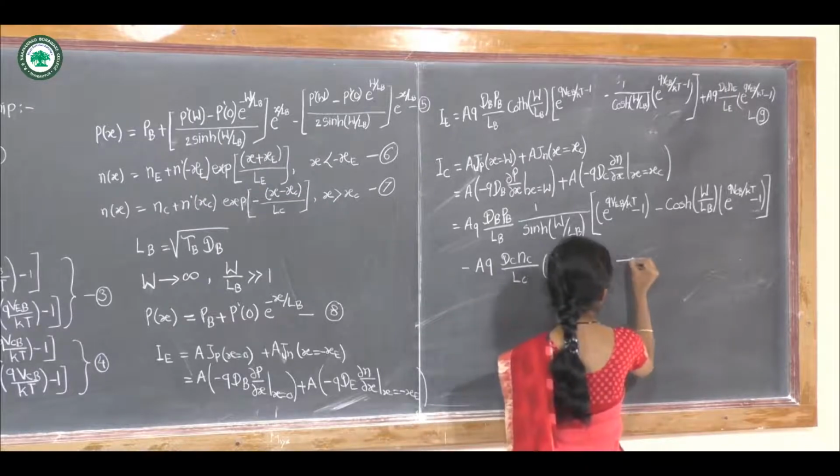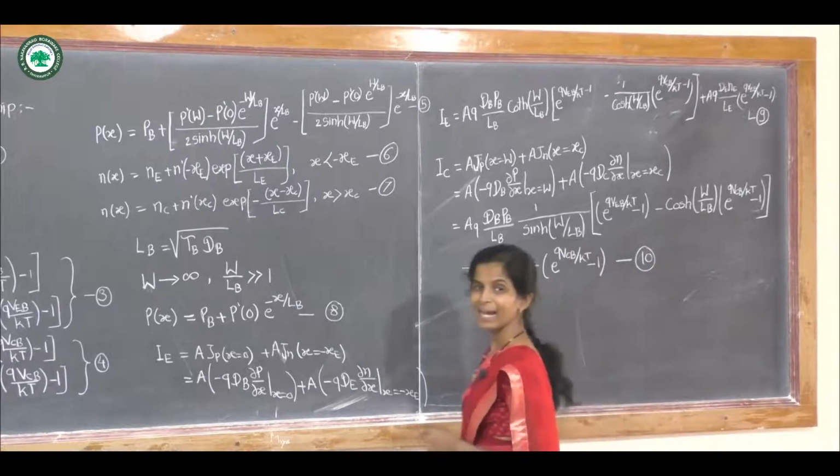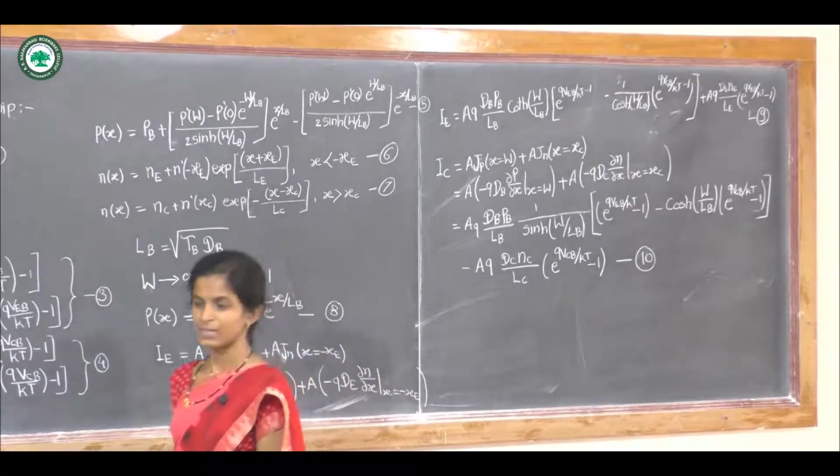So this is next equation number 10, which gives the total collector current.